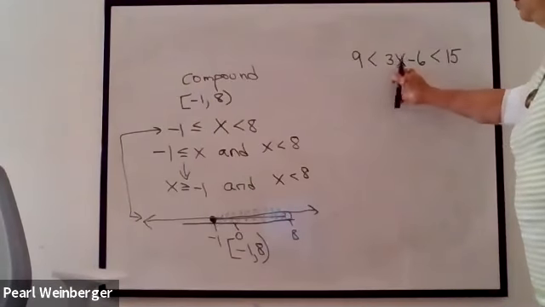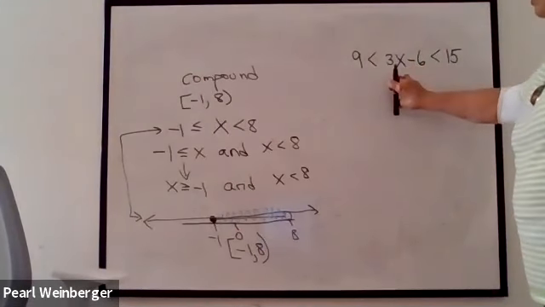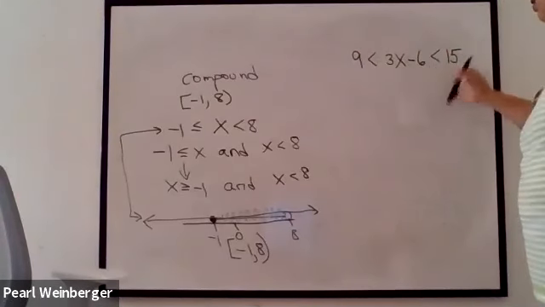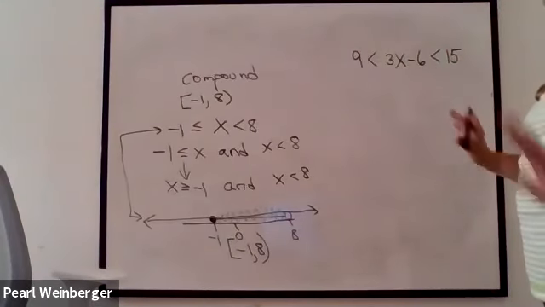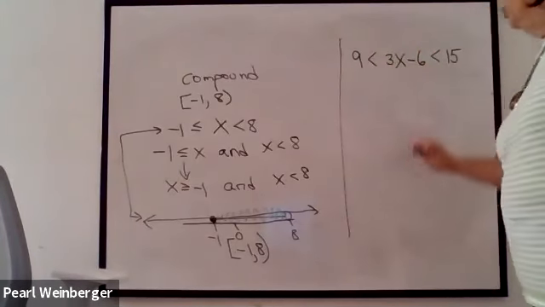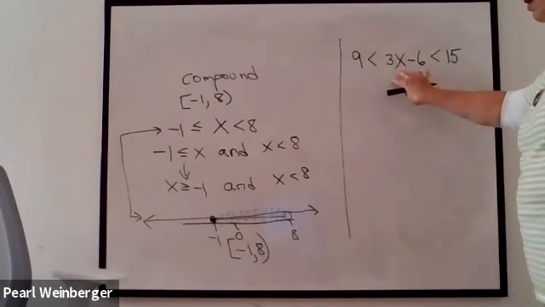We want to be left with, in the middle, just a plain x, and we want a smaller number on the left and a larger number on the right. That'll be my compound inequality.